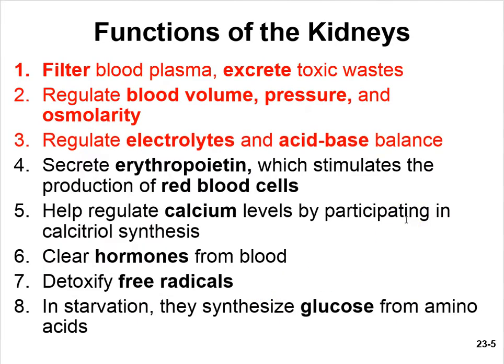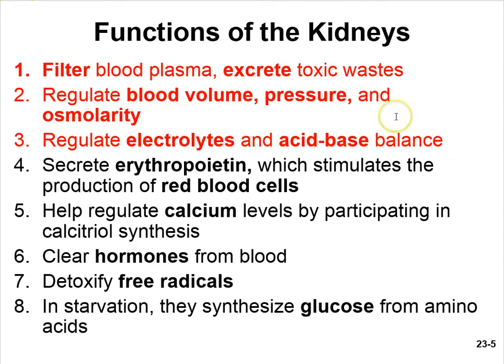There's actually quite a few functions of the kidneys. It's not just all about getting rid of wastes, but indeed that will be one of the biggest areas that we focus on in this chapter. For function number 1, filtering blood plasma and excreting toxic wastes. The kidneys also regulate blood volume, pressure, and osmolarity.